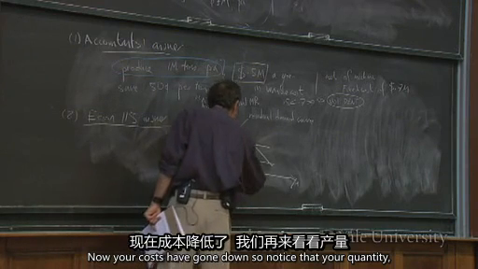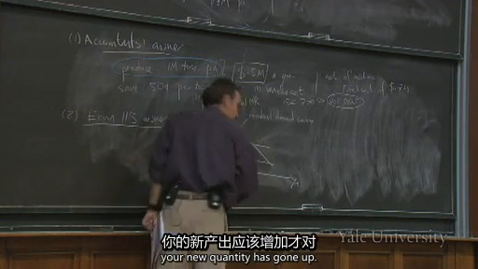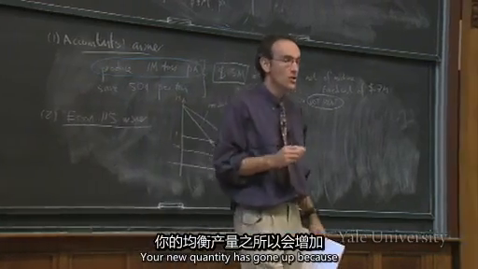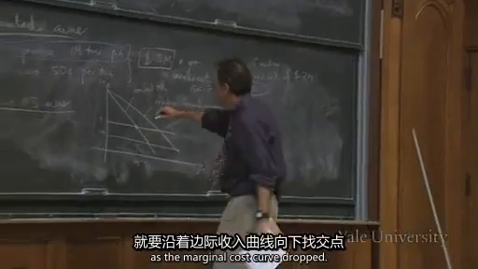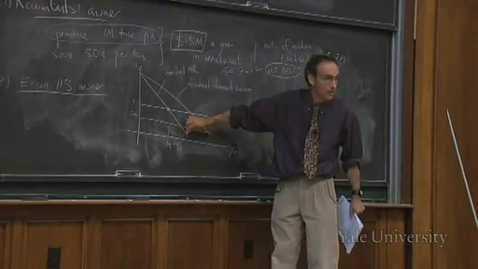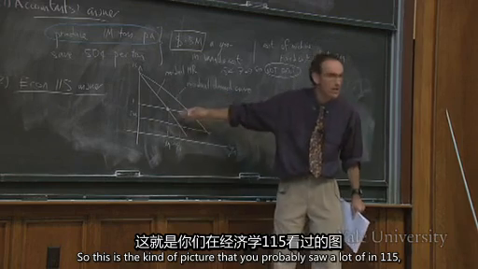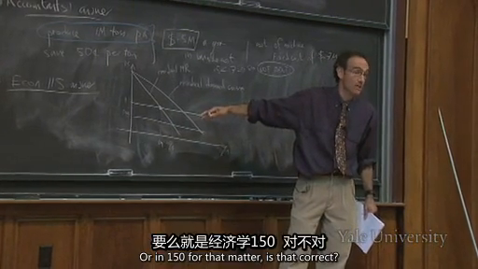So notice that your new quantity has gone up, because you've slid down the marginal revenue curve as the marginal cost curve dropped. Is that clear to everybody? So this is the kind of picture that you probably saw a lot of in 115, or in 150 for that matter.